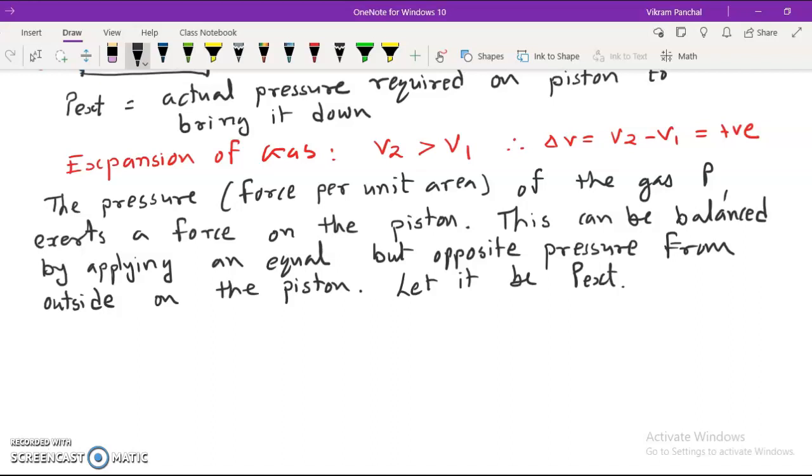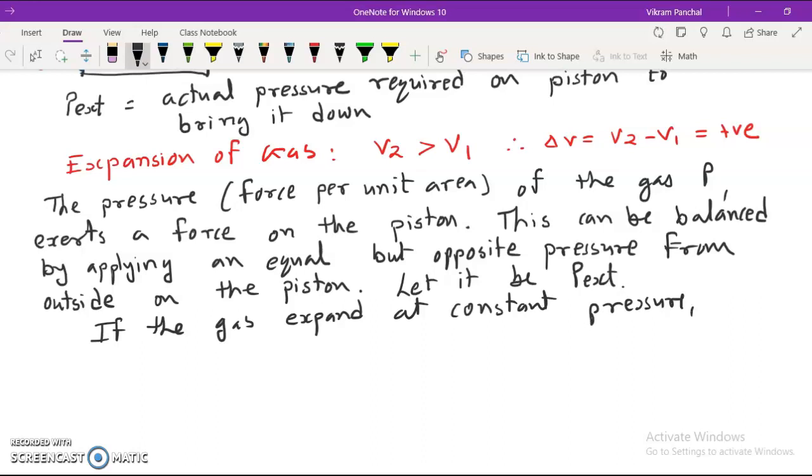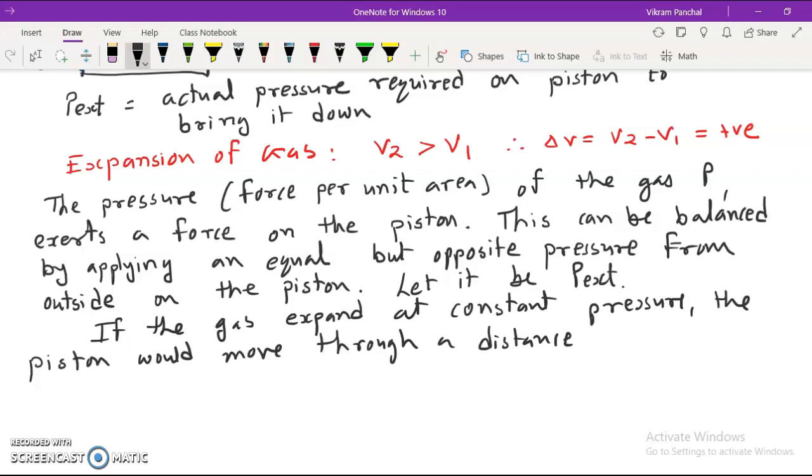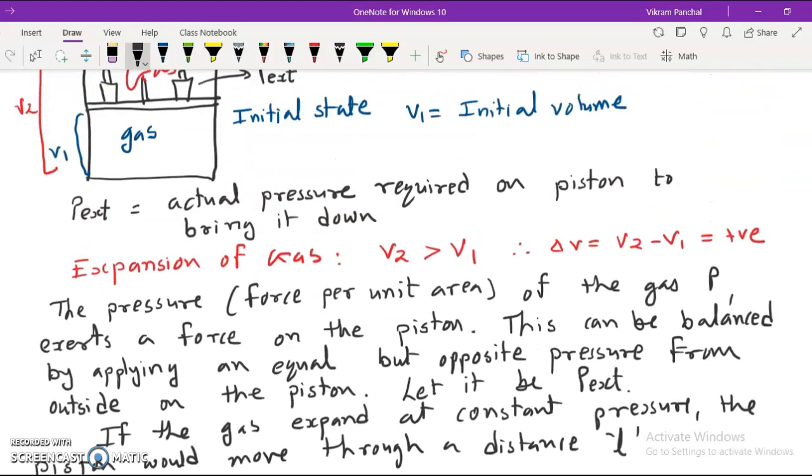Now, if the gas expands at constant pressure, the piston would move through a distance, we call it L. How will you show it here?